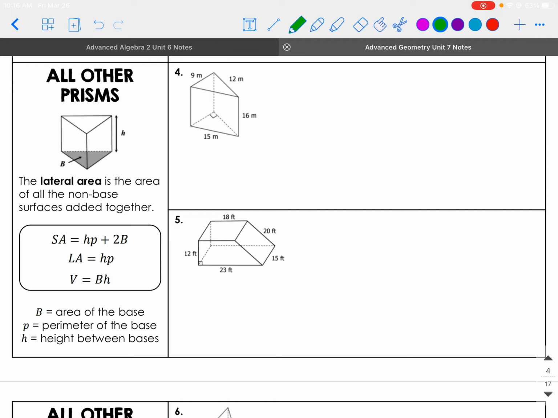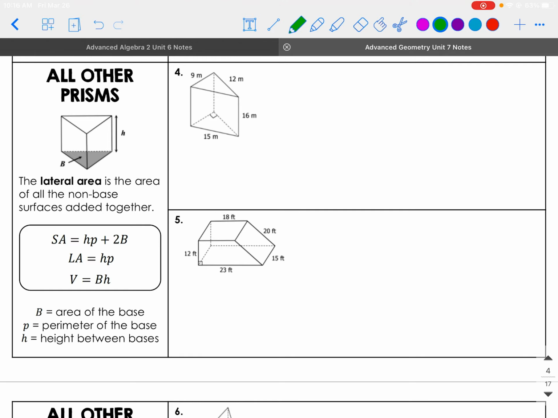But if I knocked that over and made it lay on its side, the height doesn't change just because I tipped it. If you are lying on your bed and you are 5 feet 4 inches when you're standing up, your height doesn't change. I wouldn't measure from the floor to the top of your belly as your height. Okay, so same thing with these prisms.